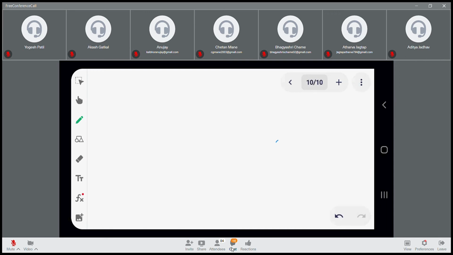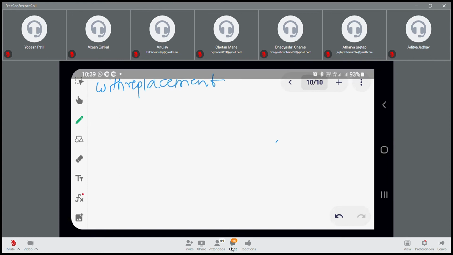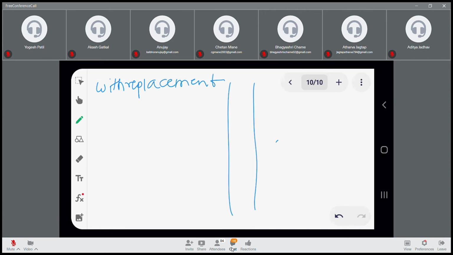Can anyone please now, first is with replacement. Linear probing with replacement. So these are the indexes. Again the function is modulo 10, isn't it?